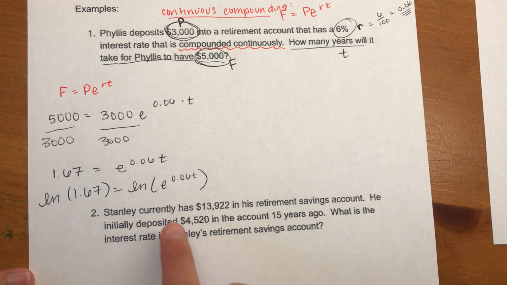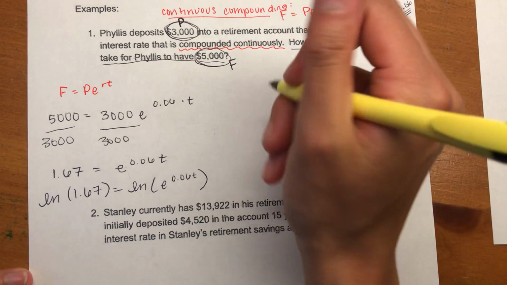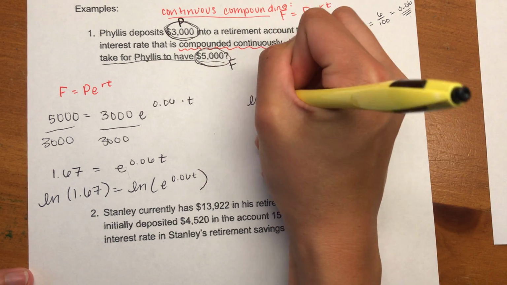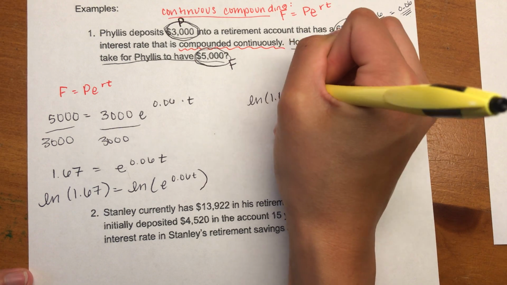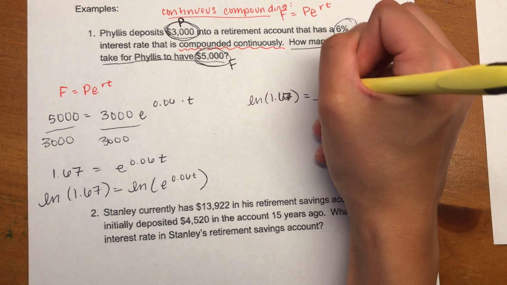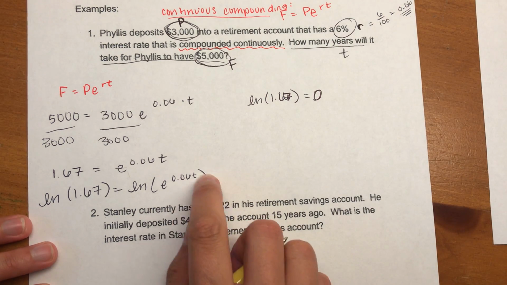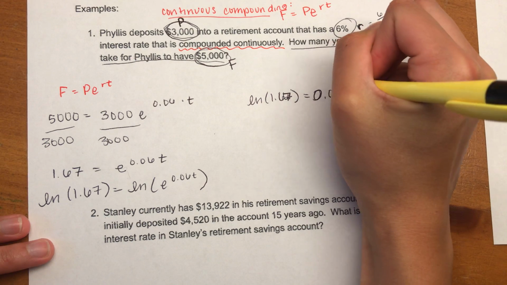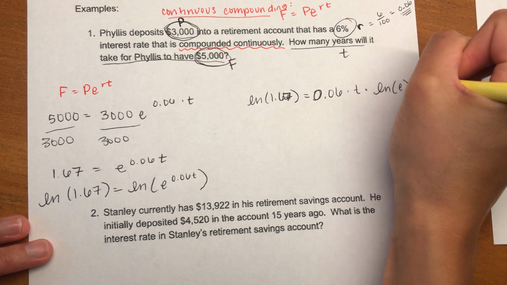Okay? Now what? Properties of logarithms, right? So I'm going to rewrite this. I've got the ln of 1.67 equals the natural log, but we're going to use our properties, right? So we're going to bring to the front our exponent, 0.06 times t times the ln of e.